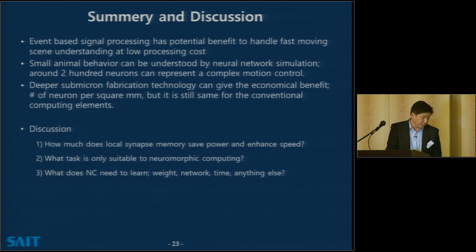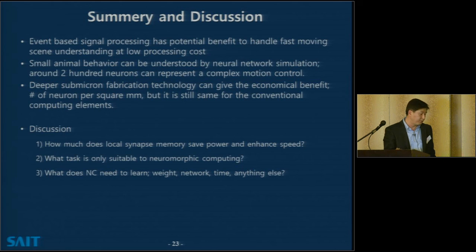So this is the summary, and I have some discussion issues here. First, for us, event-based signal processing has the potential benefit of handling fast-moving scenes and understanding at low processing power, mainly because we do not process unnecessary events. Second, small animal behavior can be understood by neural network simulation.